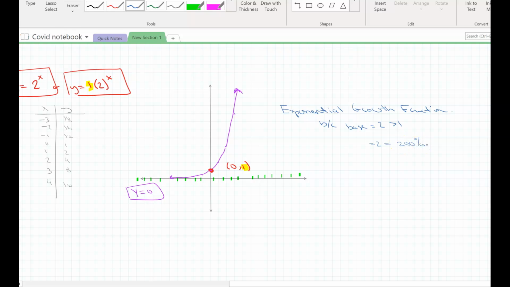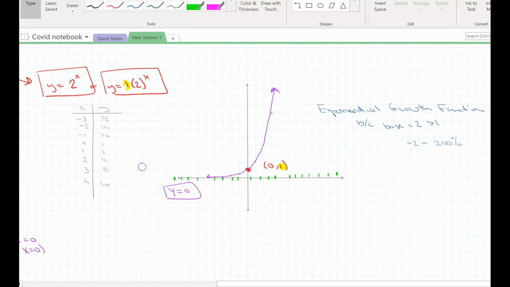200%, agreed? So in a situation like this, if the base is 200%, that means the rate of increase is 100%. Remember what we said, 100% just means status quo. You maintain the same amount, right? 100% is equal to 1.